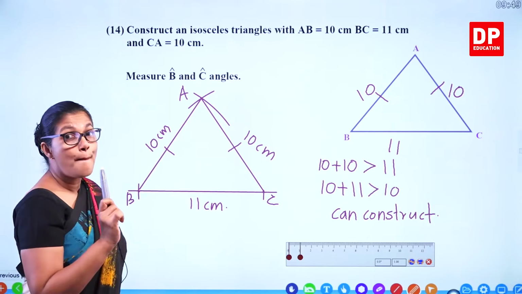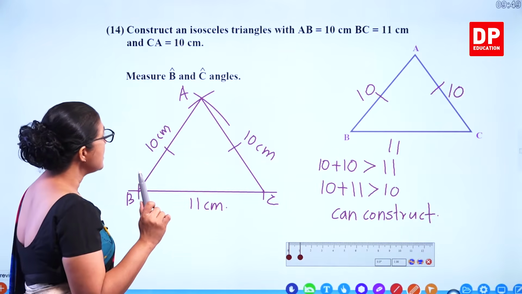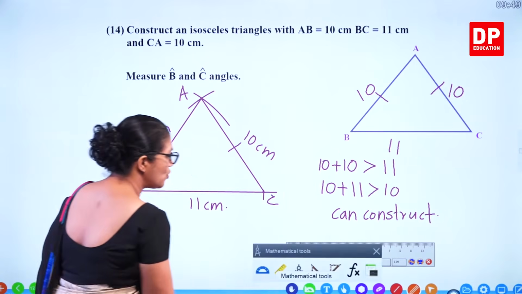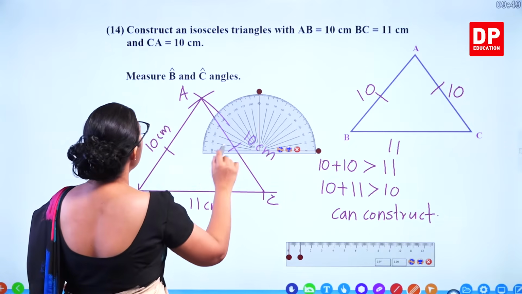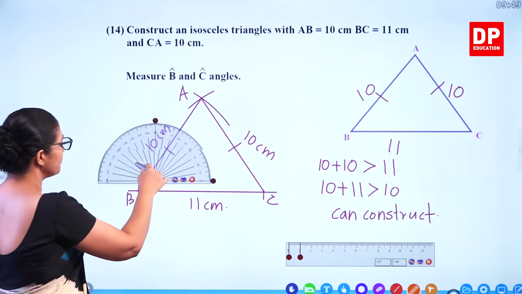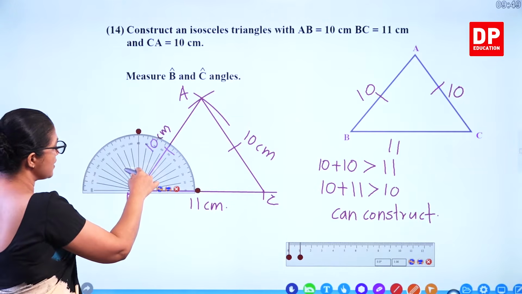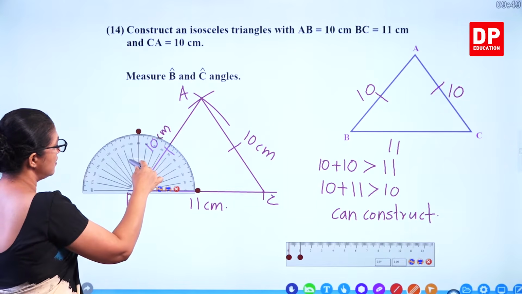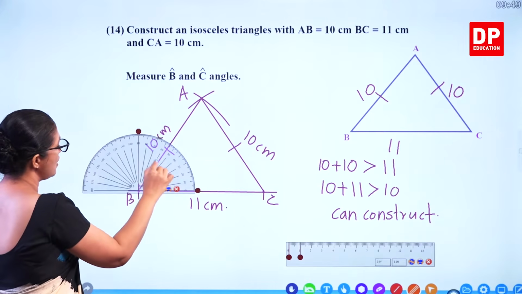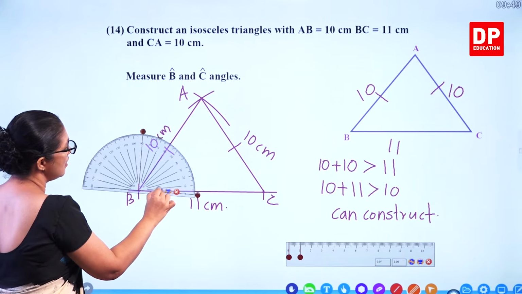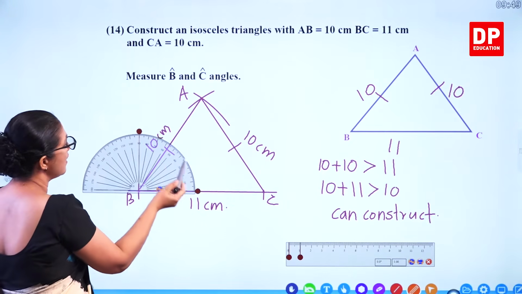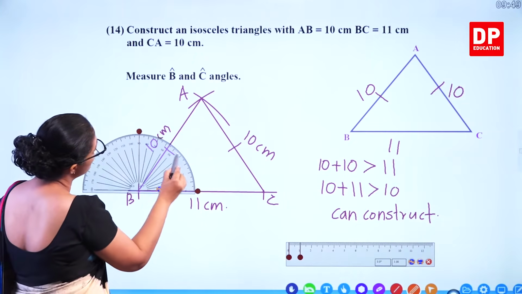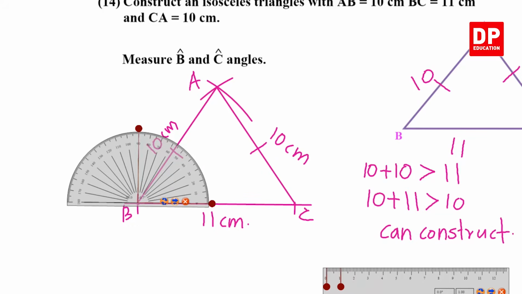Now we have to measure the B and C angles. We take the protractor and measure. For the B angle, you keep the protractor here and measure the B angle first, from here to here. I get 55.